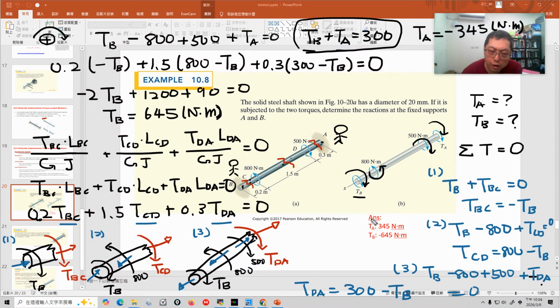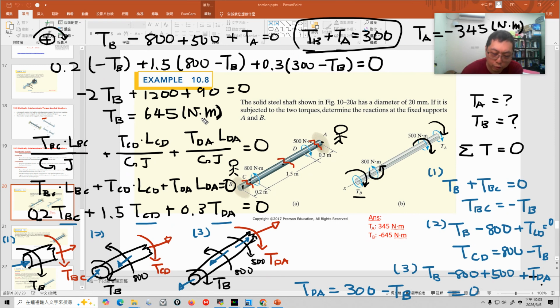But you see, it looks like it's not equal to the answer on the PowerPoint. But I think the sign in the answer carries very important information, which is the direction. The sign is because of the direction.